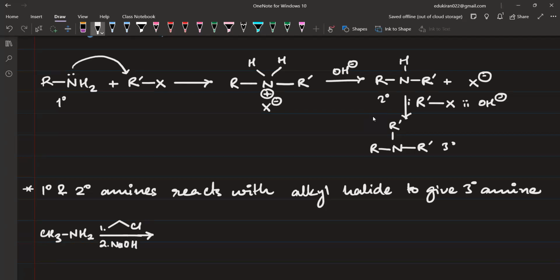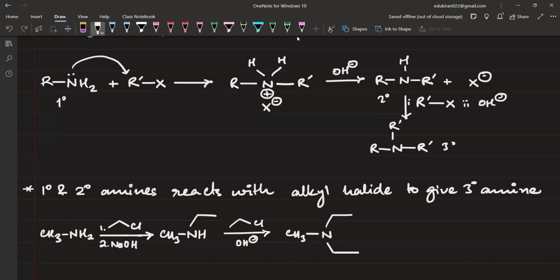So from 1 degree, I will get 2 degree amine, that is CH3 bonded with nitrogen, and then you will have hydrogen, and this nitrogen will have the ethyl group attached, 1 carbon and 2 carbon. So the ethyl group is attached. When I react this once again with ethyl chloride, and in the second step add OH negative, I will get a tertiary amine, that is CH3 bonded with nitrogen, and there are 2 ethyl groups.